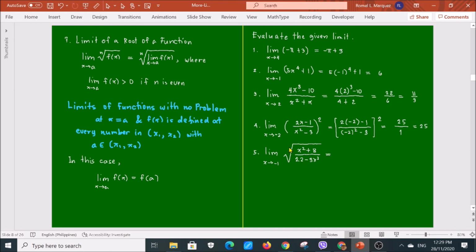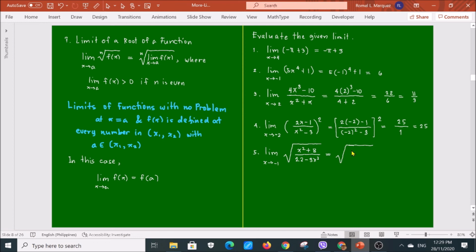Let's check the radicand. What is the denominator? 22 minus 3 times negative 1 cubed, it is not 0, no? But if let's say you got 0, you have to revise your solution. You have to cross it out, it's wrong, no? Do not evaluate immediately. What is the numerator? 9. And the denominator? 25. So it's not 0. Since it's not 0, I can apply the theorem, no?